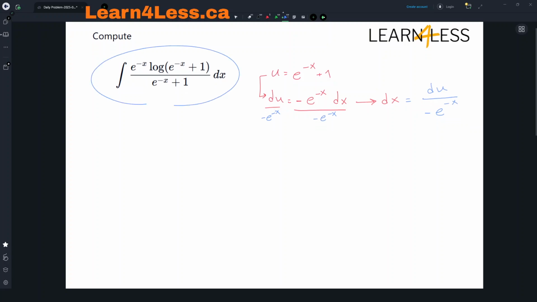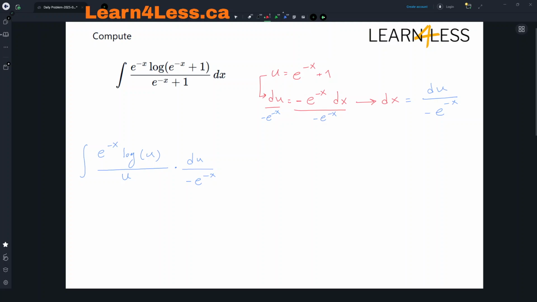So let's just rewrite this integral by applying this substitution. What I get is the integral of e to the negative x log of u over, again, I have the same term e to the negative x plus 1, so I simply write u here as well, multiplied by dx, which we already know is du over negative e to the negative x.